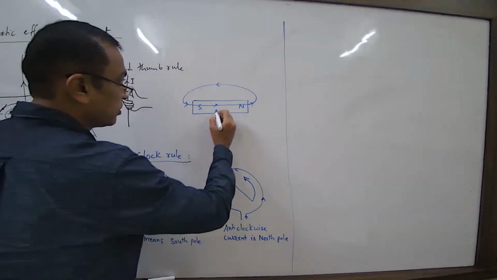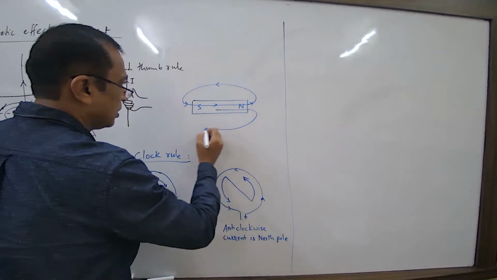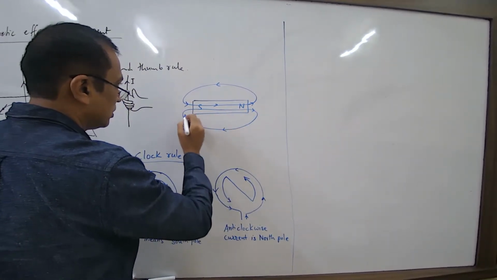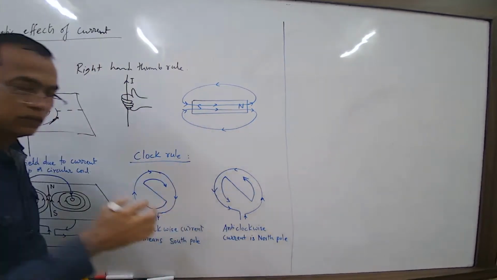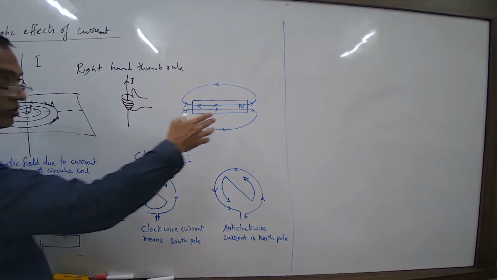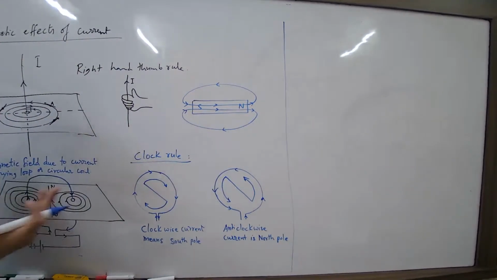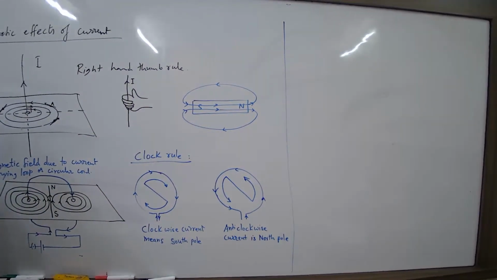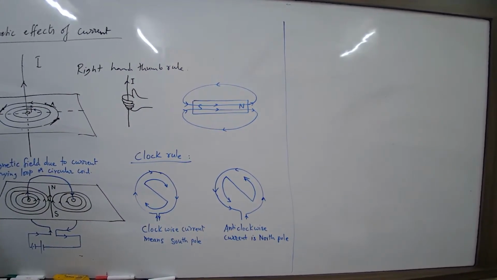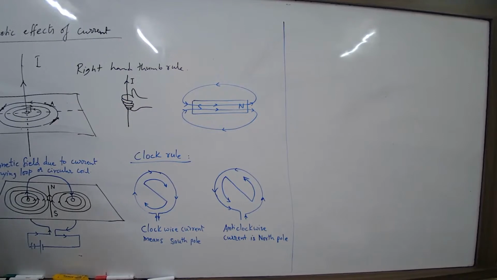So it comes out from the north pole and enters from south pole. So this you have to know. Like everywhere, wherever the south pole, the field enters into it. Wherever there is north pole, the field comes out from it. 9th में पढ़ा है ना? Any questions till here?